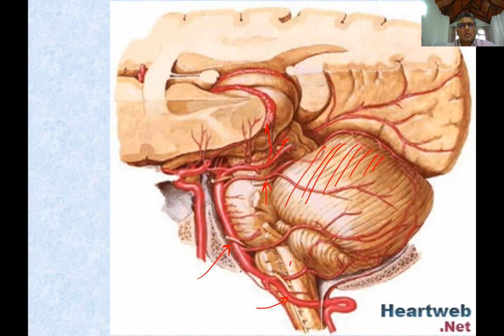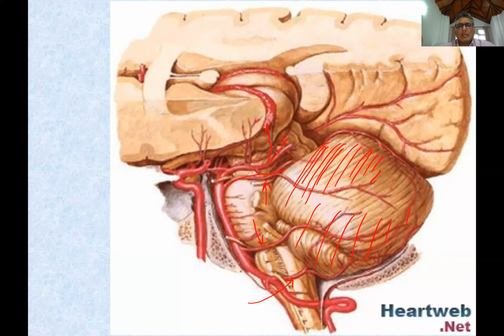So that is also important. The superior cerebellar artery supplies the superior surface of the cerebellum, and this is the anterior inferior cerebellar artery, and this is the posterior inferior cerebellar artery. Okay, now both the anterior inferior cerebellar and posterior inferior cerebellar arteries supply the inferior surface of the cerebellum.